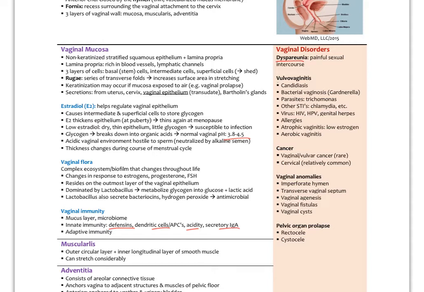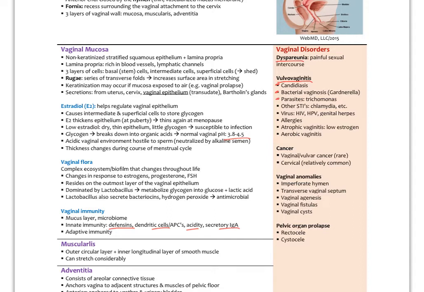And that is vulvovaginitis. And that can be caused by yeast, Candida, bacteria. That would be bacterial vaginosis, and Gardnerella is the most significant bacteria there. Different parasites, Trichomonas would be the characteristic one there. Other STIs like chlamydia, very important cause of pelvic inflammatory disease, which is infection and subsequent inflammation of the lower pelvic organs.